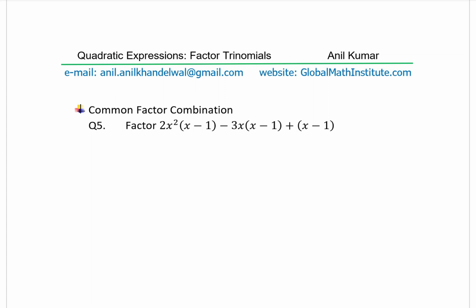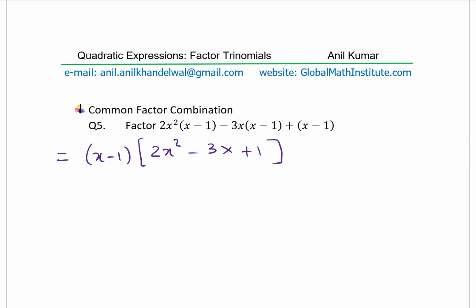Question number 5. Factor 2x squared times x minus 1 minus 3x times x minus 1 plus x minus 1. Well, clearly, x minus 1 is a common factor. So I'm not writing the question this time. I'm straight away writing the common factor x minus 1, and within square brackets, I'm writing 2x squared minus 3x plus 1, the trinomial.